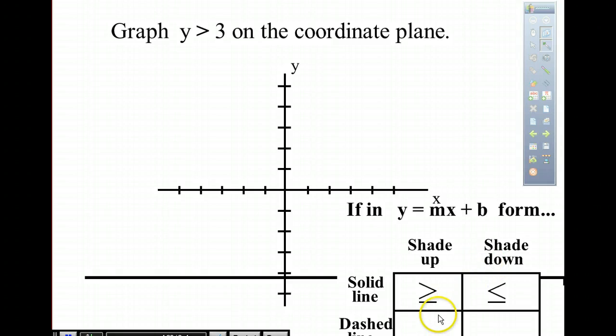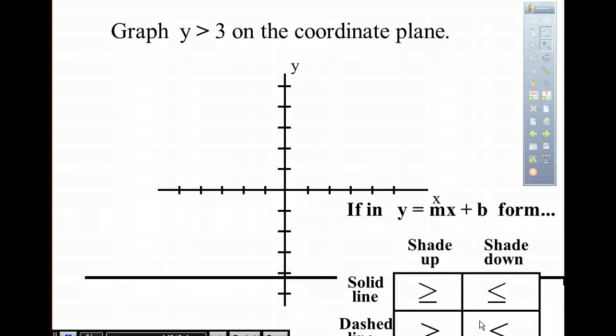And a dashed line, strictly greater than, shade above. And if it's less than, then you shade down, dashed line.